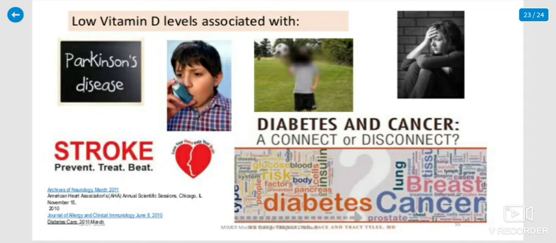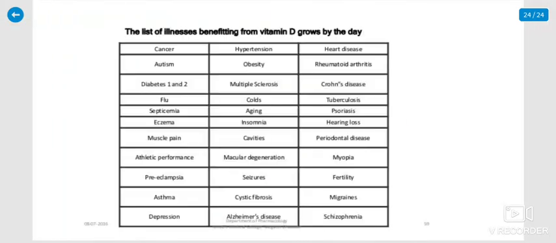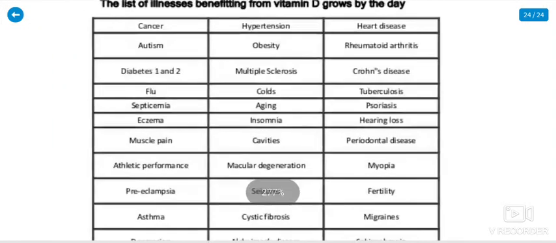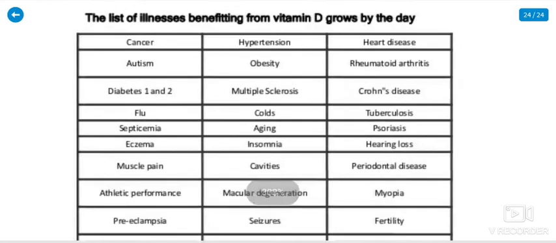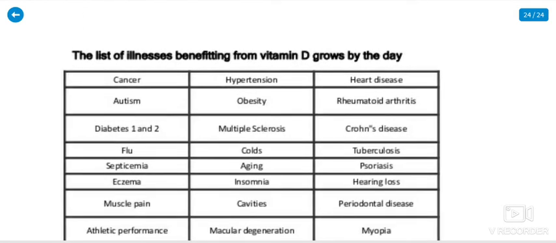Prevent, treat and beat. We cannot tolerate low vitamin D levels, so these kinds of diseases will be present in the future. The list of illnesses benefiting from vitamin D grows by the day.